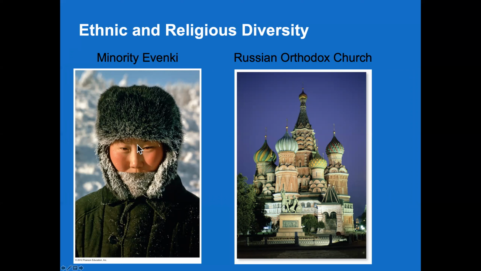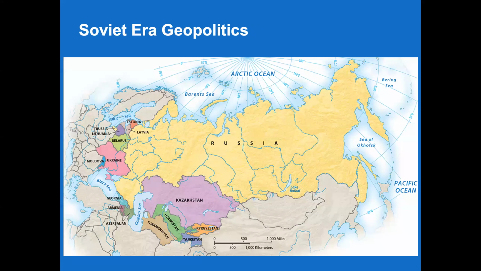But then you have the minority. Notice when you look at this individual, notice how she has a more Asian look to her as opposed to Russian. Yet this woman lives in Russia and is Russian by birth and probably speaks Russian in addition to her native or more ethnic language, which is more geographically contained.